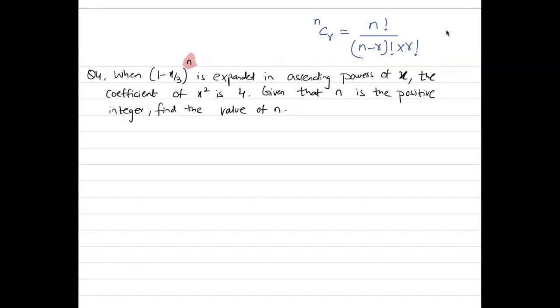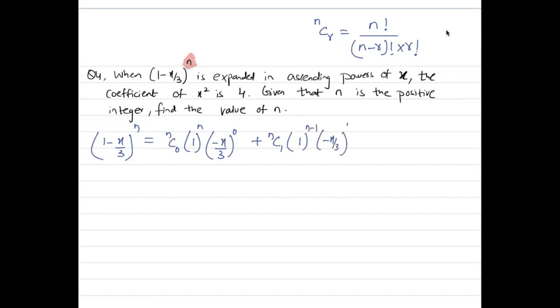When (1 - x/3)^n is expanded in ascending powers of x, the coefficient of x squared is 4. So if I were to expand (1 - x/3)^n, the first term is going to be nC0, 1 to the power of n minus 0, second term to the power of 0, plus nC1, first term to the power of n minus 1, second term to the power of 1, plus nC2, first term to the power of n minus 2, second term to the power of 2.